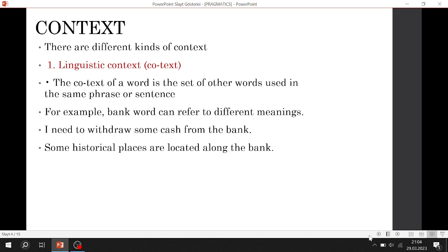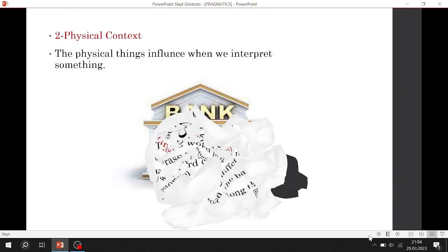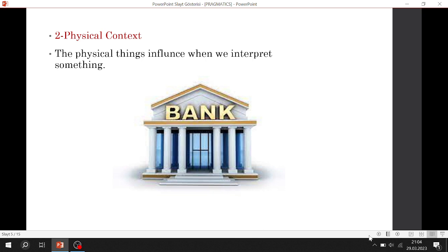These are really different meanings, but it's the same word. This is linguistic context. But there are other contexts. It's physical context. When we see the word bank on the wall, on the picture, we interpret it in terms of a financial institution in that context. It's a physical context.